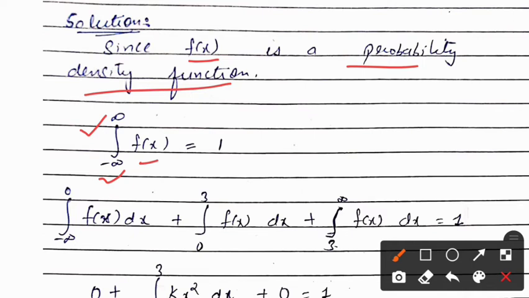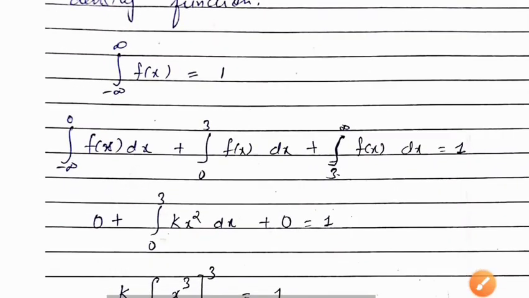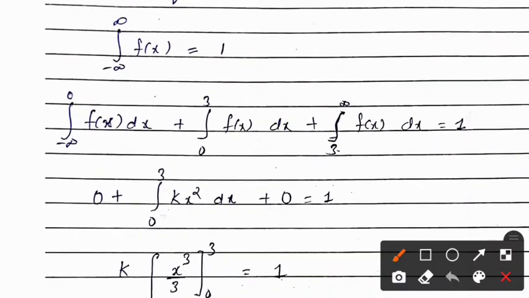So we are taking the same equation over here. Now you are given the value between 0 less than x less than 3. So we will split this integration limits. So we will take minus infinity to 0, 0 to 3 and 3 to infinity equal to 1.